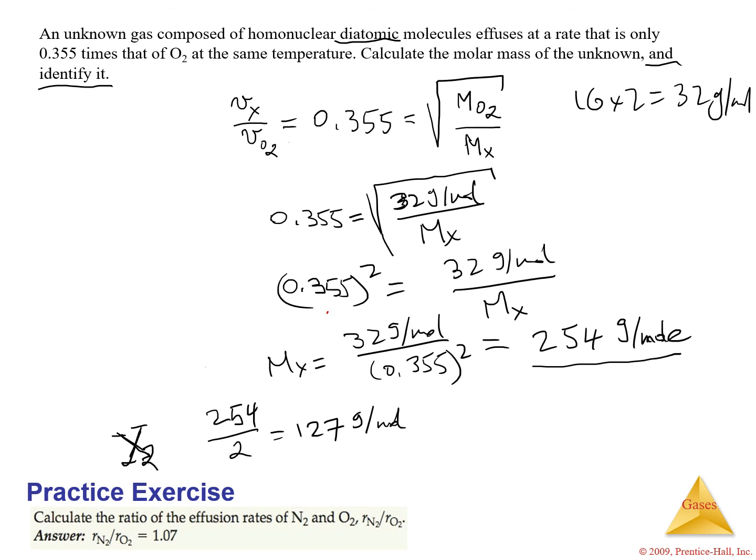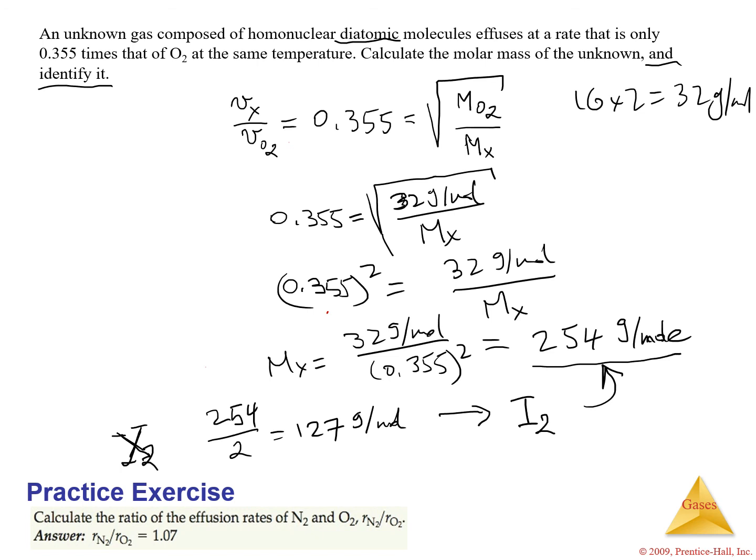If I go to the periodic table, I identify this as iodine, symbol I. And of course, if I have a diatomic molecule, that is going to be I2.